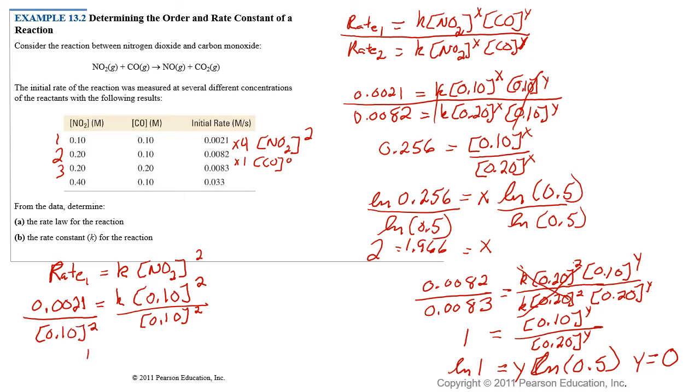And we get that k, our constant, is equal to 0.21, 1 over molarity times seconds, or molarity to the -1, seconds to the -1.